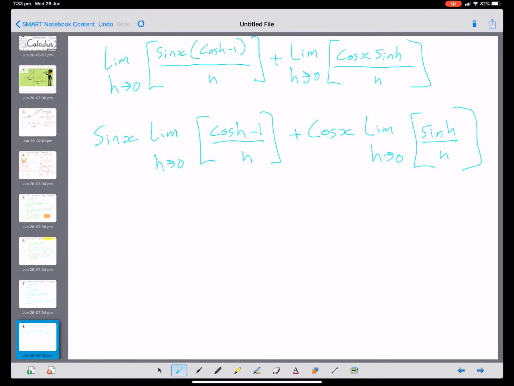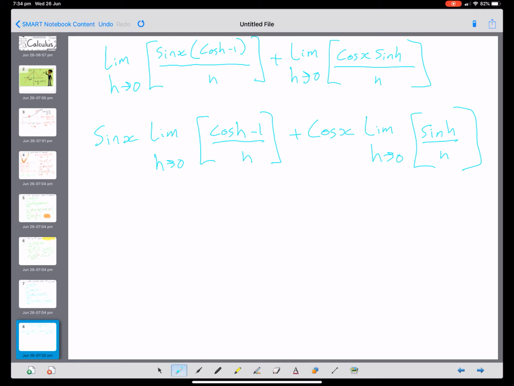Now I'm going to use our special rule of L'Hopital, and I'm going to go into a little bit more detail this time. L'Hopital's rule says that we can differentiate the numerator and denominator, and we will get the same limit. Let me write this down.